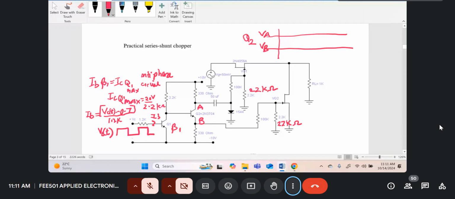We can neglect the small voltage of about 0.2 volts. So the voltage at A, and we'll consider them with respect to the ground, will be what?